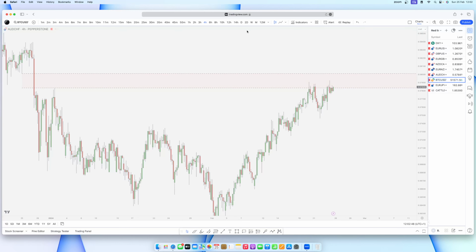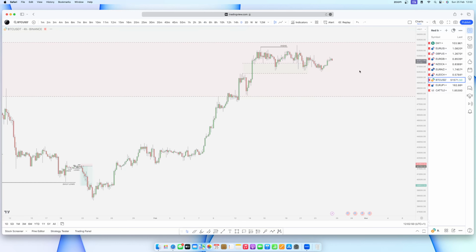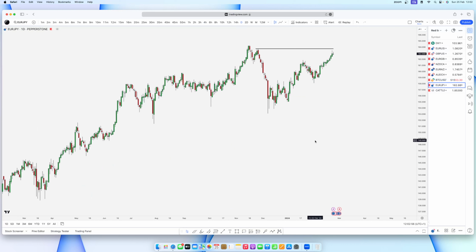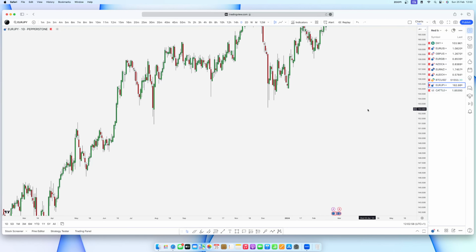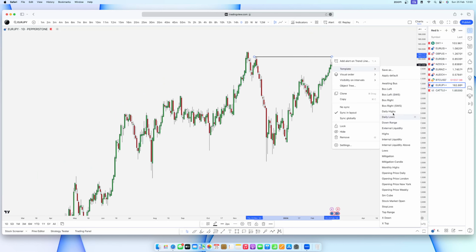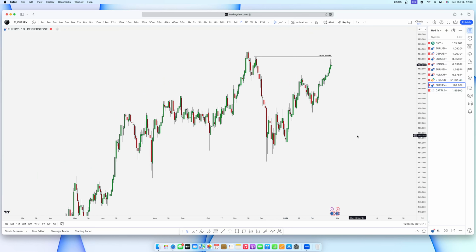All right. And then for Bitcoin, nothing yet, so this is just on my radar. And then for Euro JPY, I just added this to the radar now because I'm also seeing the daily liquidity to the upside. Now look at how we've been following these JPY pairs.